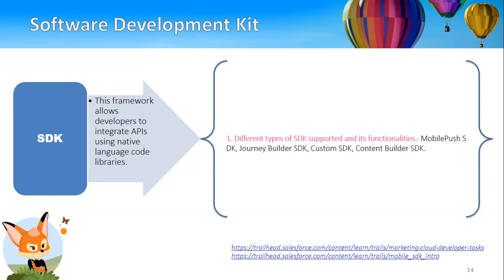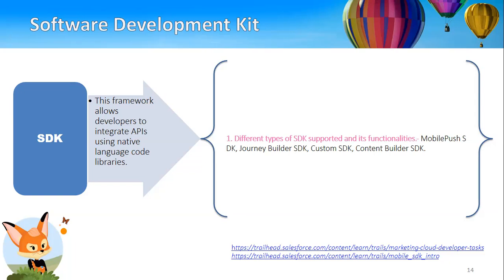You can create your own SDK in a third-party service, and you can pass the application, the content block, or the custom activity that you have created into Marketing Cloud and make use of it.